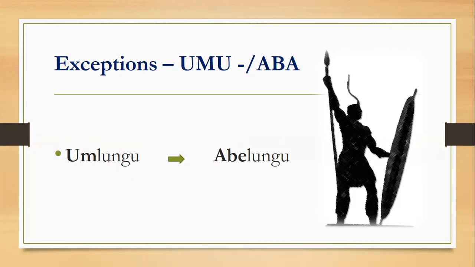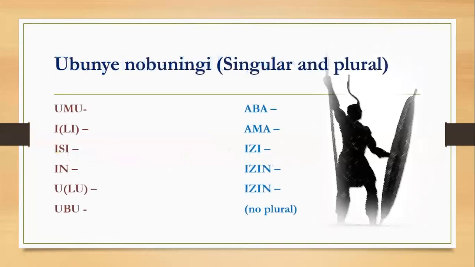But the exception here would be abelungu. Umlungu, abelungu. So that's the only exception that I wanted to talk about for now. So ubunye nobuningi, these are your singular and plural noun prefixes. So umu would be aba, except for the exception that I just showed you.